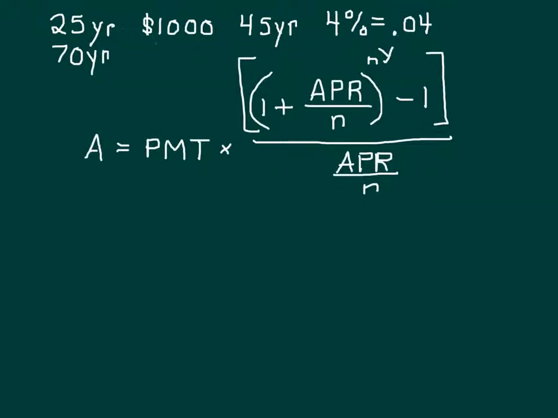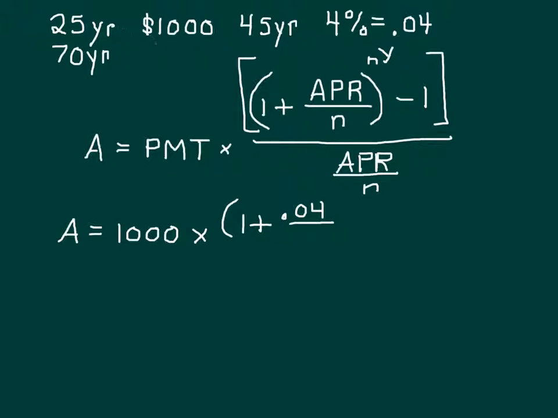Okay, so to do our calculation, the amount of money that we will have is equal to our payments that this person makes each year, and that's $1,000, times, in the numerator, 1 plus our APR, our interest rate, which is 0.04, and in the denominator, we have N. N is the number of deposits per year.